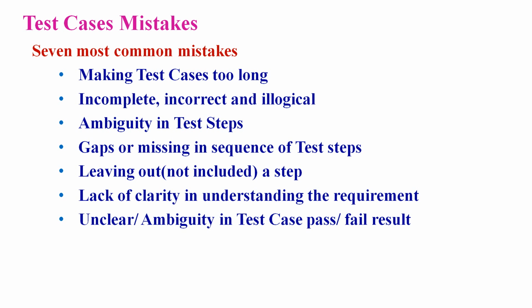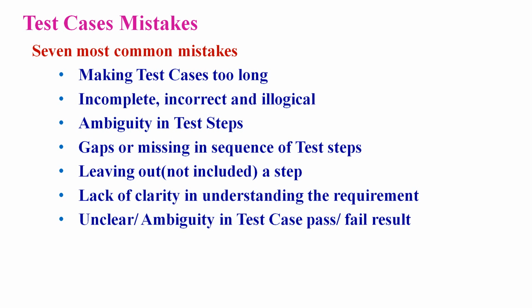And the third common mistake is ambiguity in the test steps. What it means? For each and every test case, there will be a number of test steps. While writing the test steps, it should be very clear. There should not be any ambiguity in the test steps. What do you mean by ambiguity?